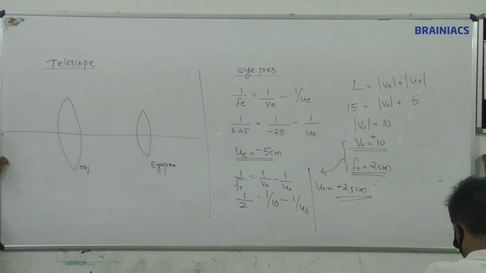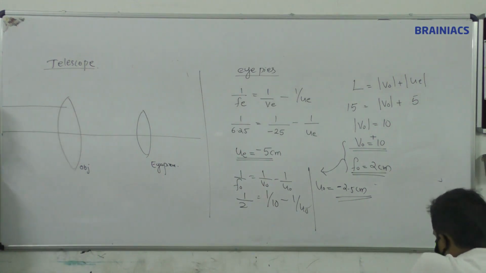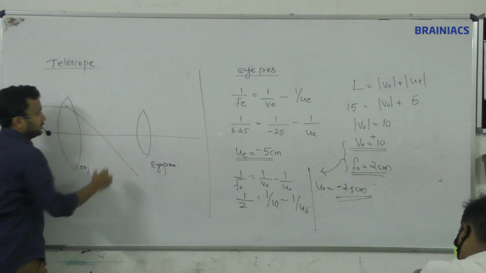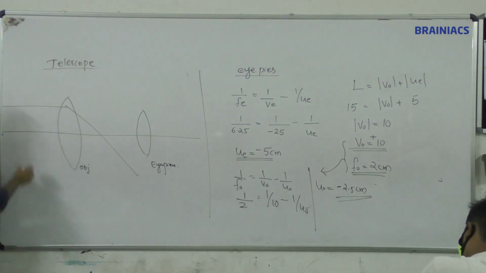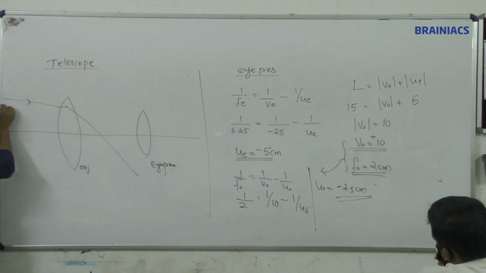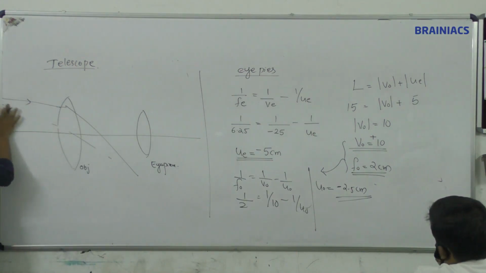Object is at infinity means we will draw what type of lines? Parallel lines. If one ray is coming parallel to the principal axis, where will it pass? It will pass through the focus. Suppose another light ray is coming like this one, going through the optical center.